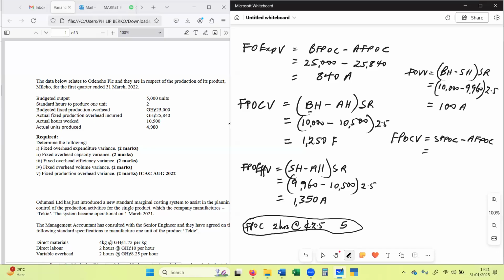$24,900. And the actual fixed production overhead cost is what? 25,840. So what do you get? Deduct.